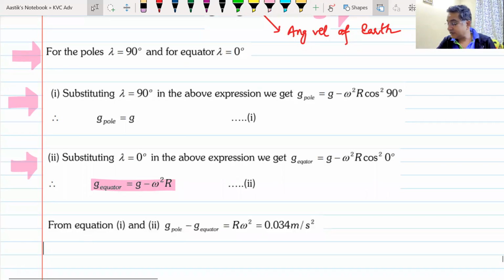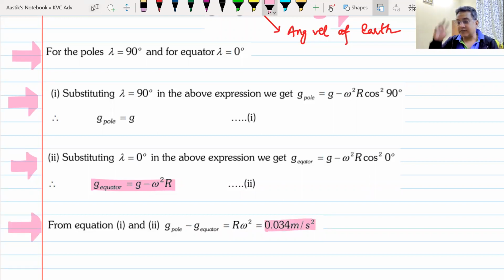It is 0.034 meter per second square, the variation because of rotation of Earth. Do we understand this? Yes, sir.